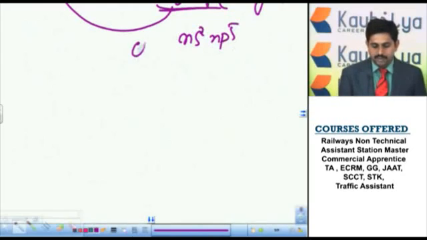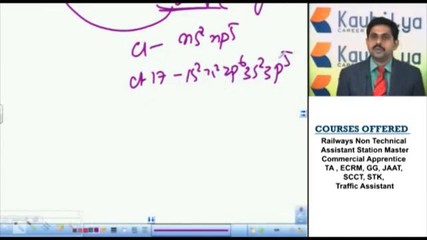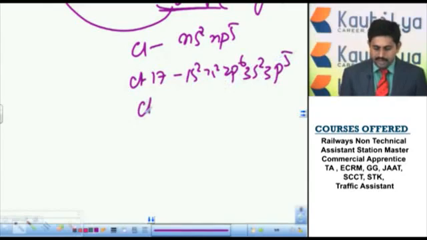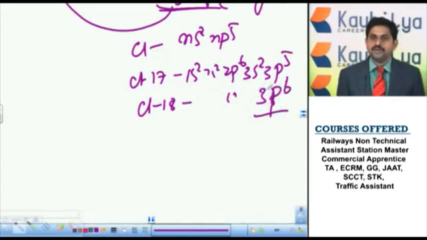For example, chlorine, atomic number 17: 1s2, 2s2, 2p6, that is 10 electrons over, then 3s2, 3p5. So if chlorine accepts one electron, it will become 18, that is 3p6. So if it accepts one electron, it will become stable.